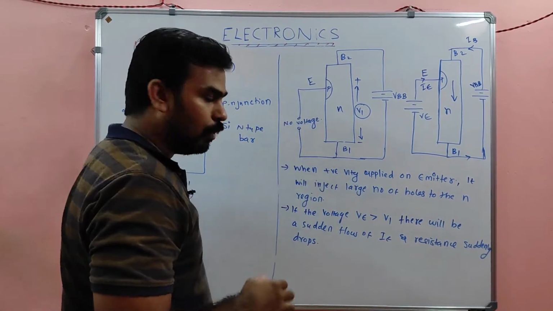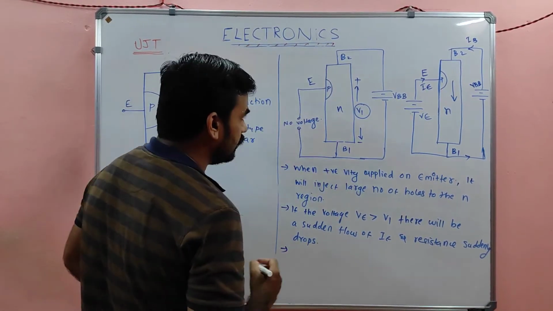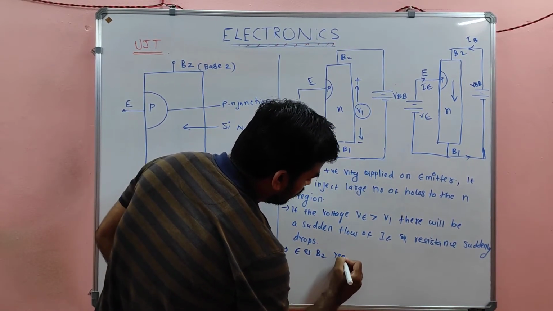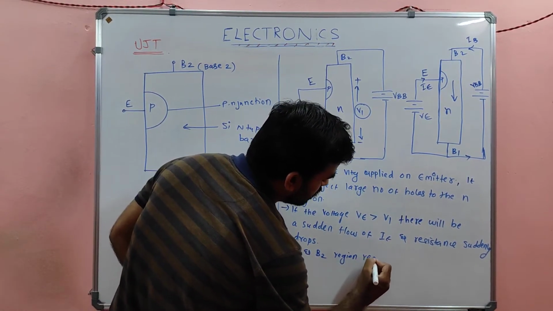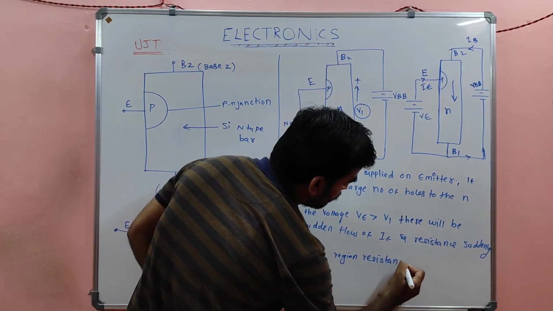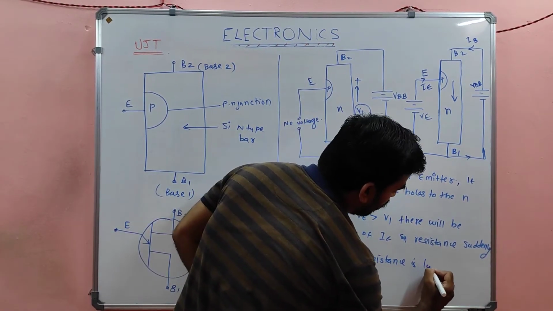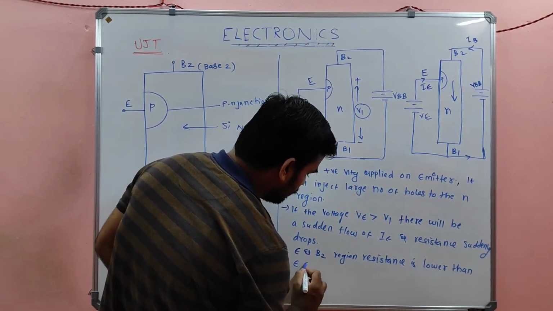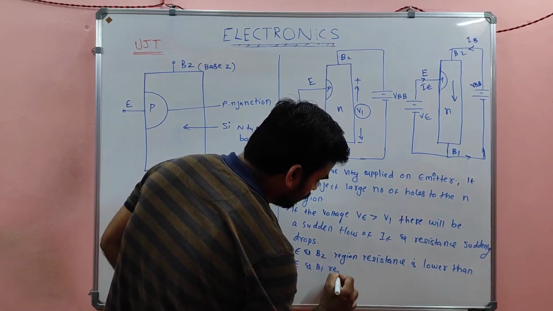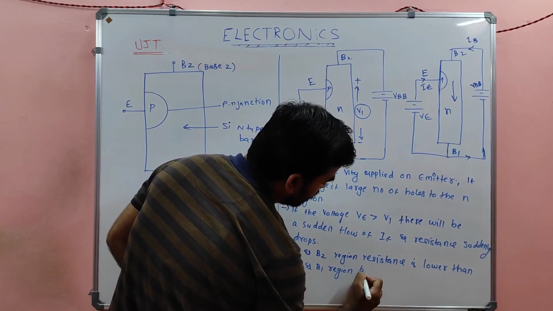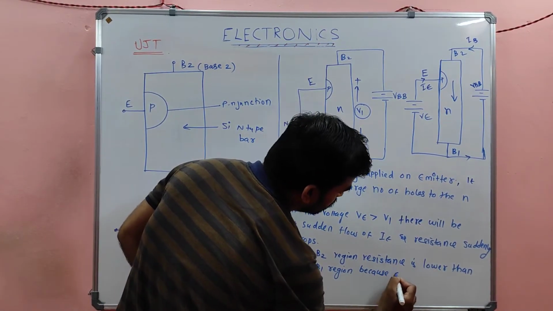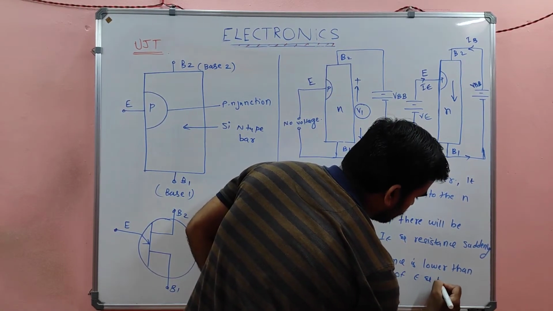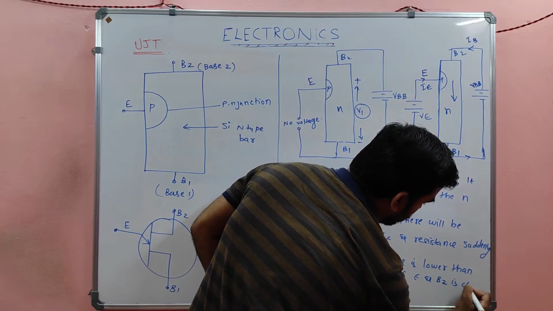So you have to note one thing: the emitter and B2 region resistance is lower than the emitter and B1 region, because emitter and B2 are close to each other.